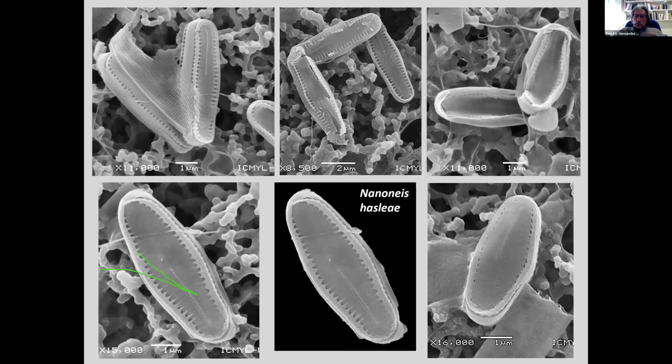Now we are going into the pinnate diatoms, including Nanoneis. And Nanoneis, originally Nanoneis hasleae, was described some time ago by Norris for very small forms with only a kind of raphe.